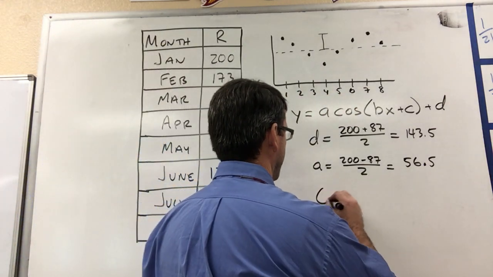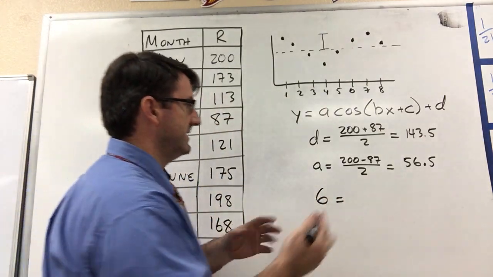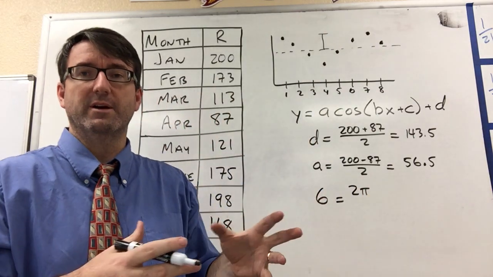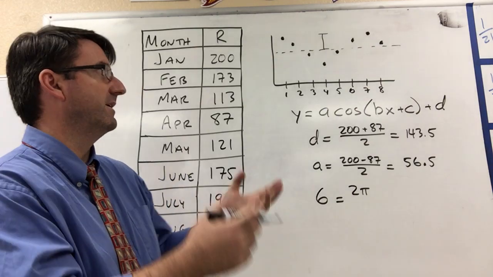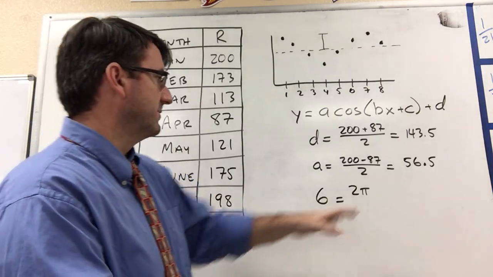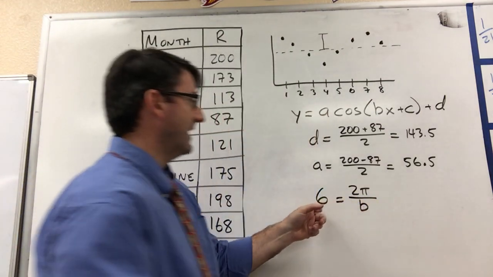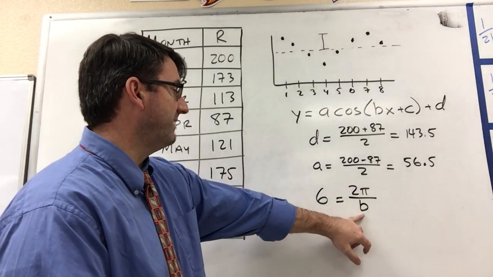Remember, the period of just a generic cosine function, y equals cosine x, would be 2 pi. So we're going to take 2 pi and divide it by b, and that'll give us the period of our function.